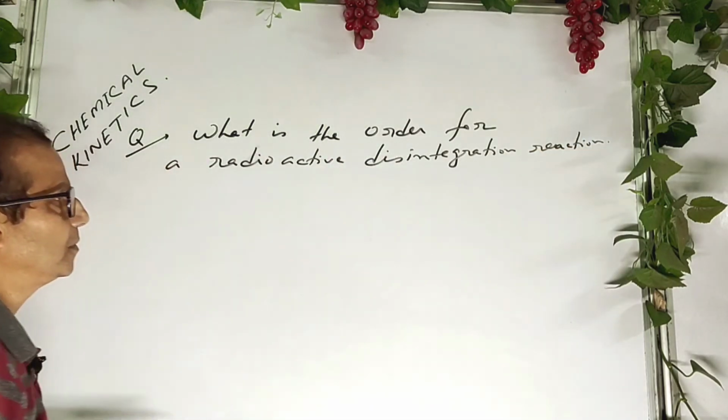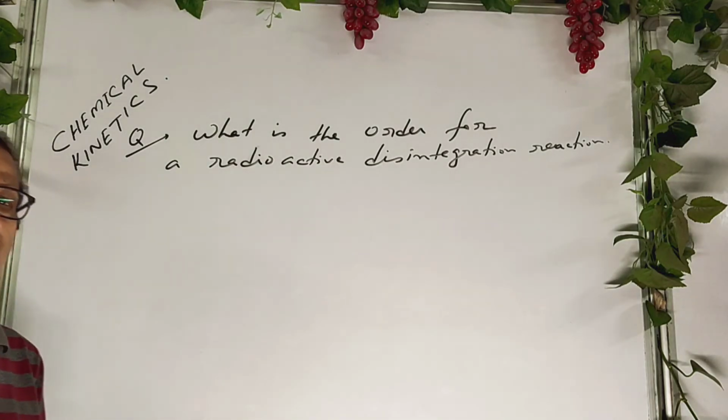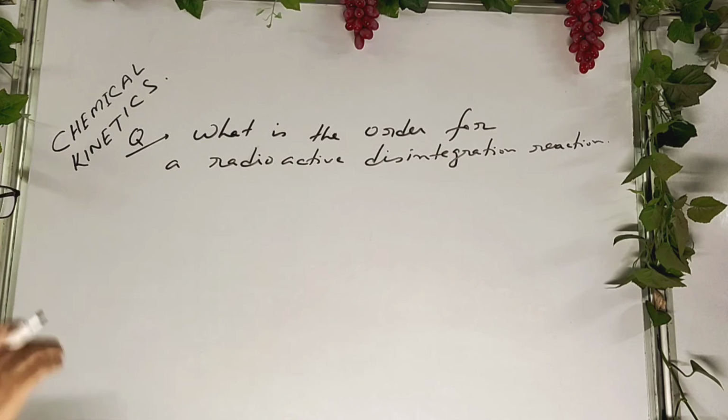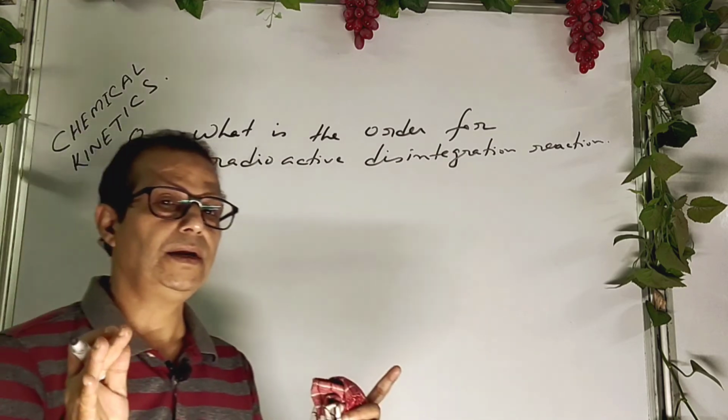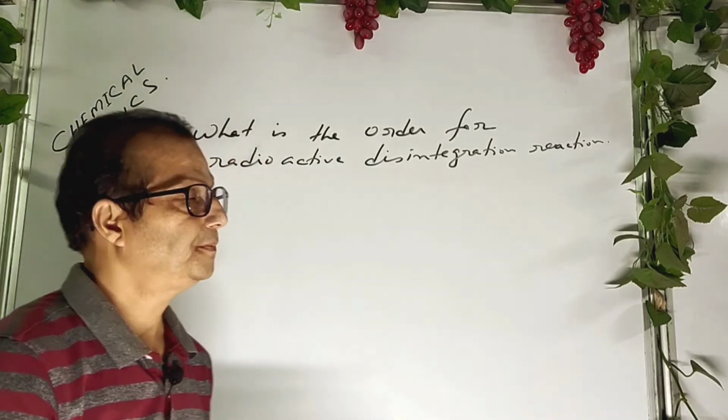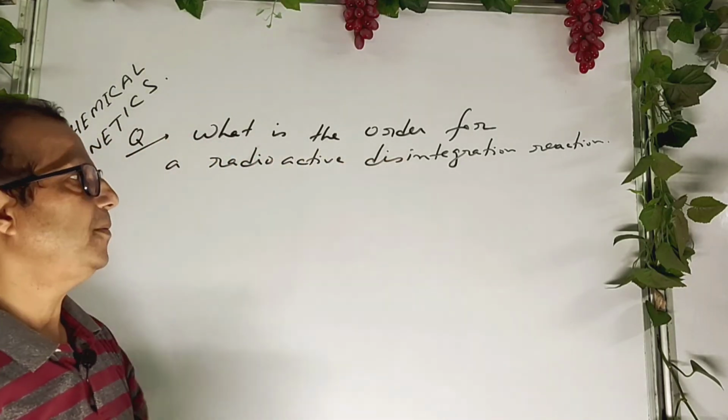So one radioactive change is there, say uranium by radioactive decay changes to lead. What is the order of that type of reaction?